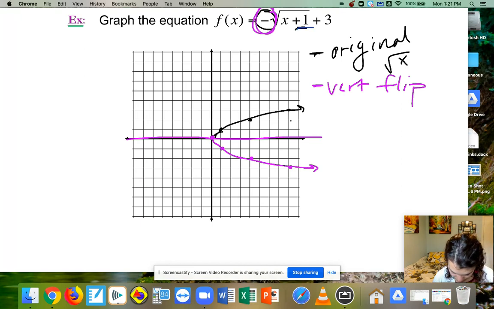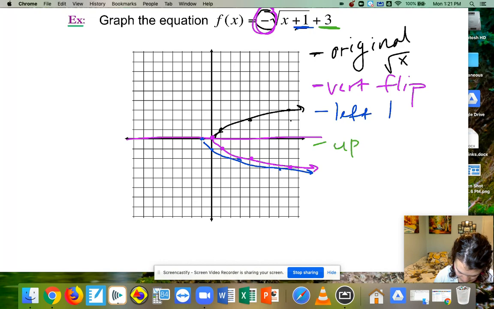Now I'm going to go left 1 for each point. And then the last step will be to go up 3. So this will go up 1, 2, 3 for each point. And then that green is your final answer.